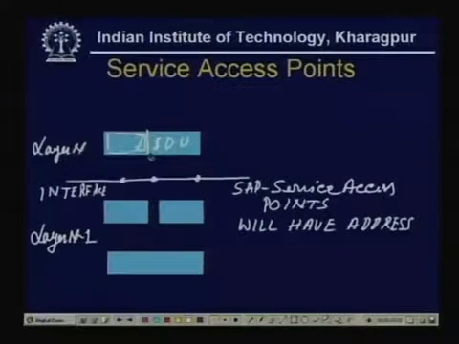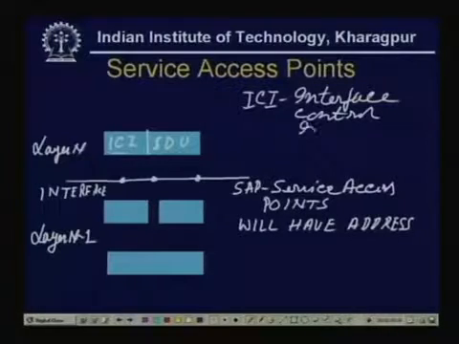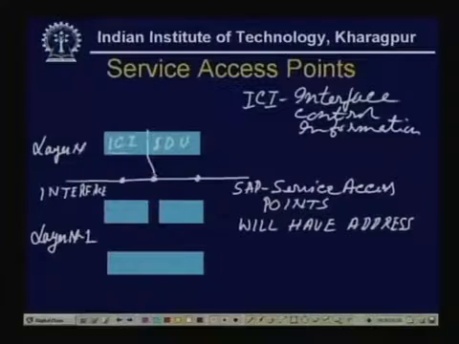This is actually ICI. ICI actually is interface control information. And SDU is service data unit. This is communicated to the service access point and for communication to the lower layer.